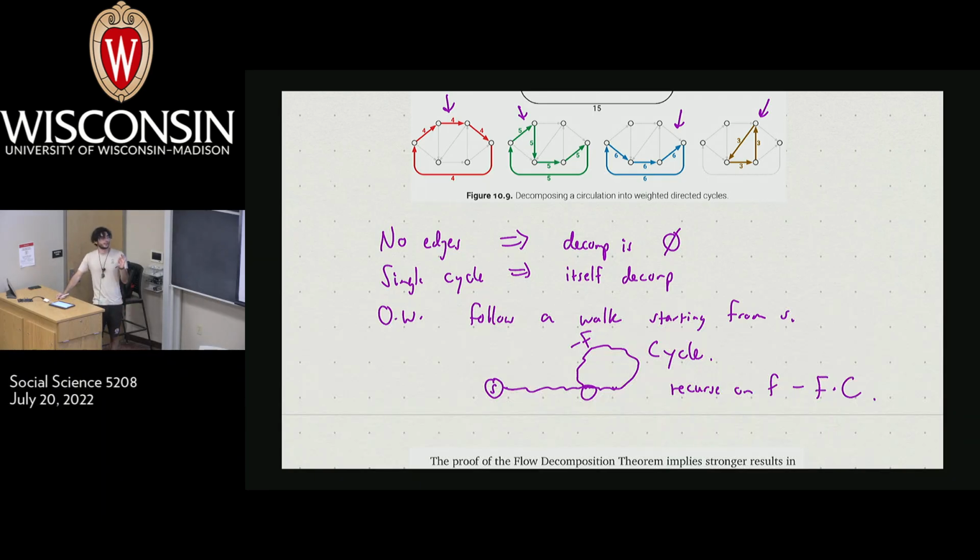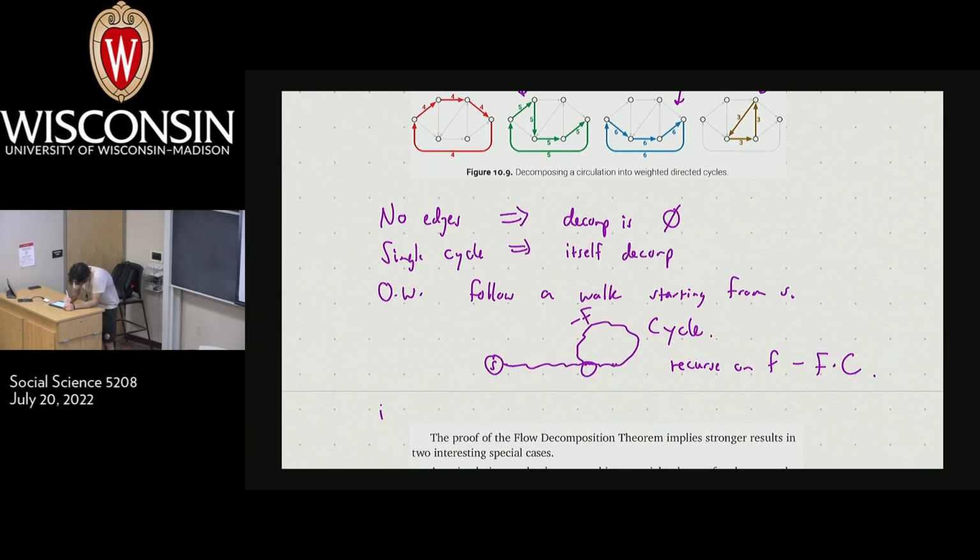Now the key thing here is I'm assuming you can keep walking around until you hit a cycle. And why is that? Well, that's because in a circulation, for every node, the net output is 0, which means if we ever enter a node, because there was positive flow going in, there has to be positive flow exiting.